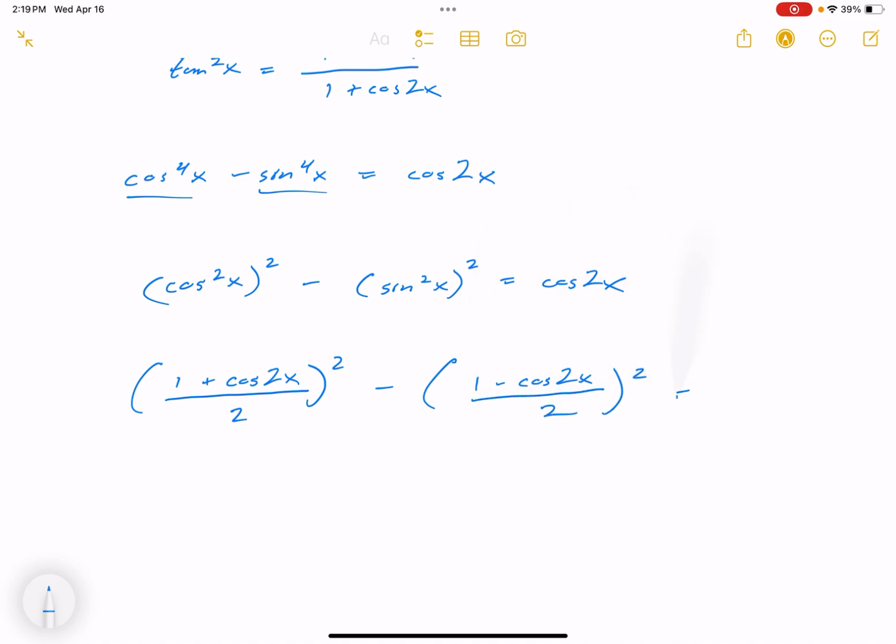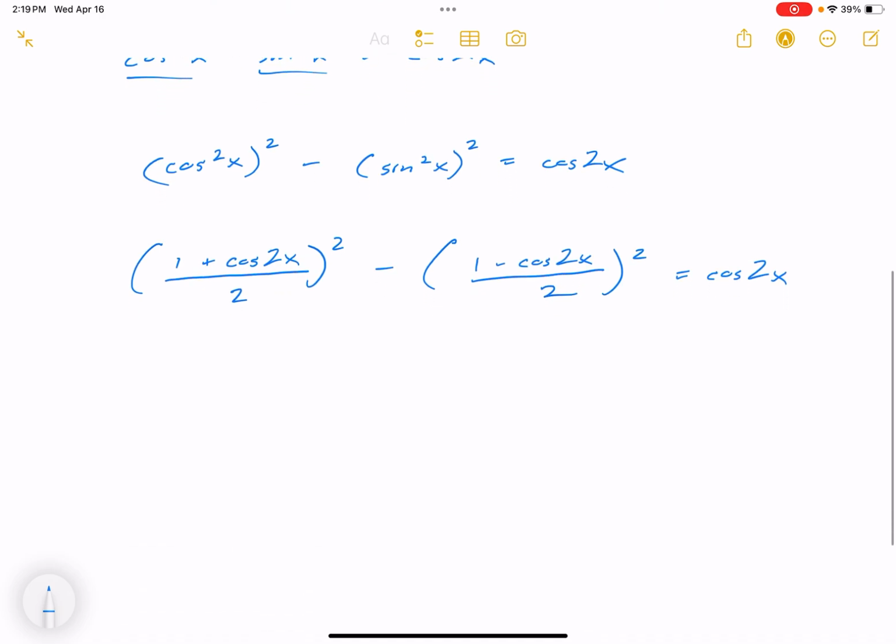Yeah, we don't need to, but whatever, cosine 2x. Okay, so now we can go ahead and just do the multiplication. Just raise this whole thing to the power of 2, do the whole multiplication.